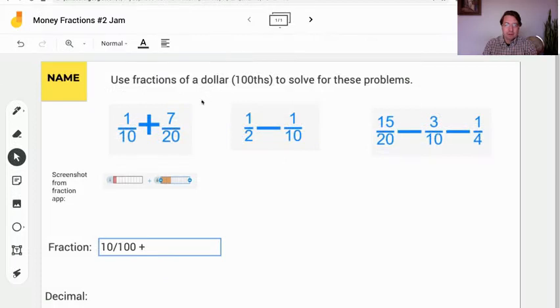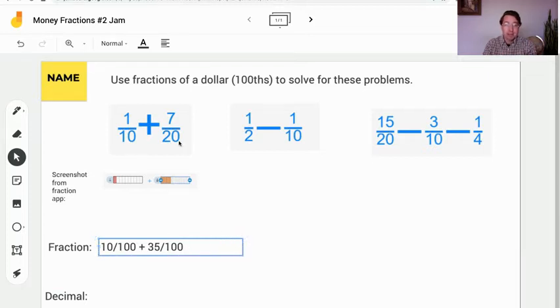Let's go back here. Is it 1/20th? No, it's 7/20. This fraction here says 7 nickels. So if each one's worth 5 cents, 7 nickels, 7/20 is going to be 35 cents or 35 hundredths. Now we're in really good shape. We have 2 fractions.